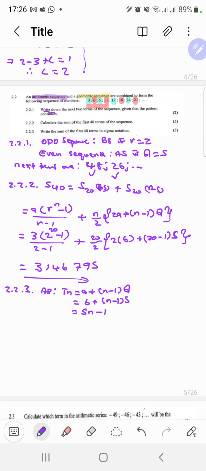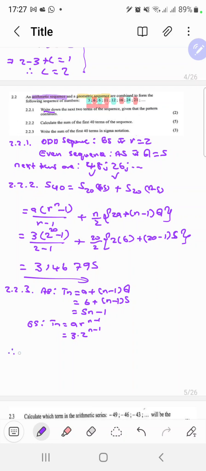Okay, that is fine. And then, of course, what else do we want? We also want the GS. The GS here, Tn is equal to A R to the n minus 1. A is 3, and then the R was 2, and then n minus 1, and that's what it is.